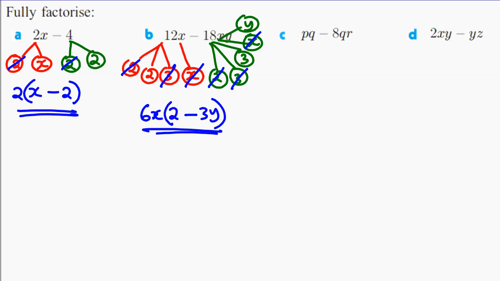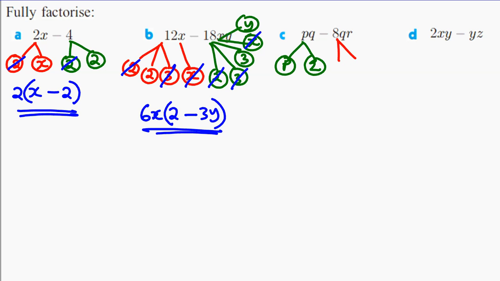In C, we'll do the same thing. Start by, of course, finding the factors. P, Q, and then here I'll have 2, 2, 2, 2, Q, and R. I think it's better if I use a different color here.